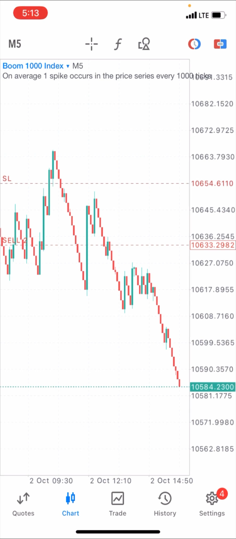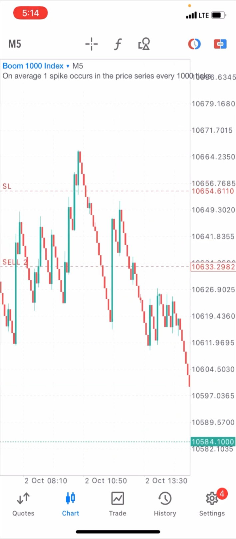You don't want to stay too long in the market because a spike might come in and take you out. But for you to be able to avoid spikes, the kind of spikes that will harm your account if you are scalping the market, that's why you should look out for really strong selling pressure in the market. You need to see very strong selling pressure in the market.